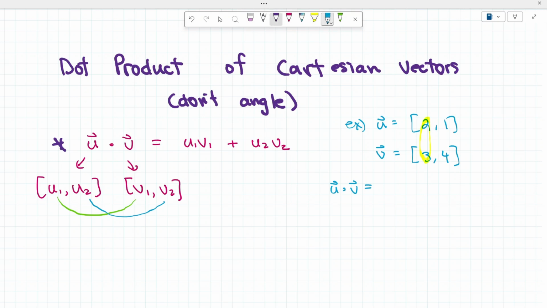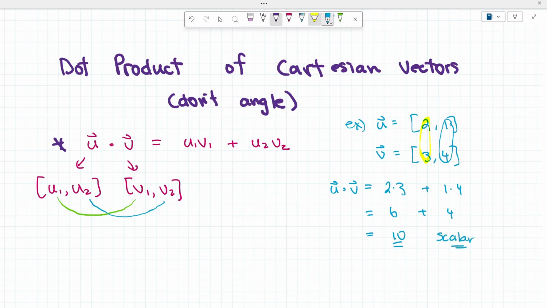So that will give us 2 times 3. And then we add our y components, which is our 1 and our 4, so then we just have 1 times 4. So this gives us 6 plus 4, which equals 10. So that's really great. And remember, this again is a scalar.